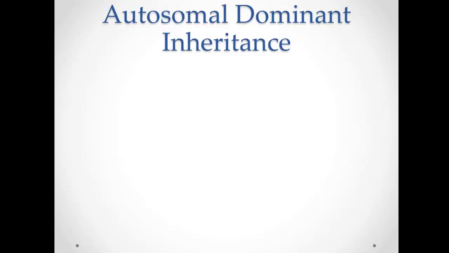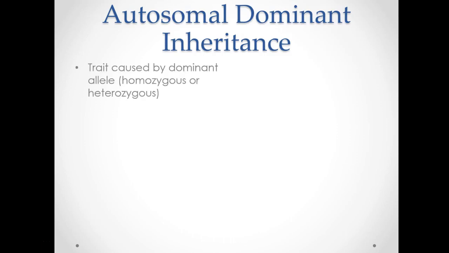So with these two things in mind, let's start with autosomal dominant inheritance patterns. This is where you have a trait that's caused by a dominant allele. And it doesn't matter whether you're homozygous or heterozygous. If you have at least one copy of the allele, you're going to have this trait. Because it's an autosomal trait, it can appear in either sex.